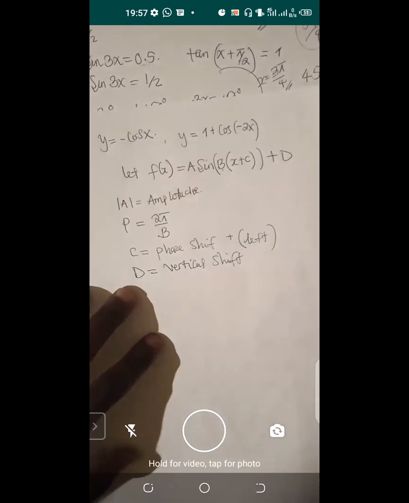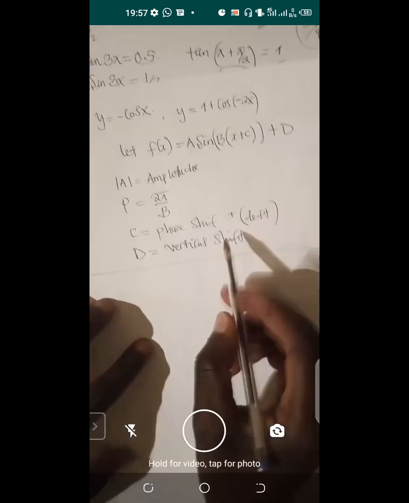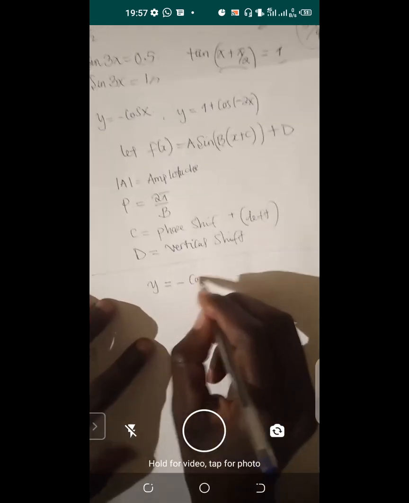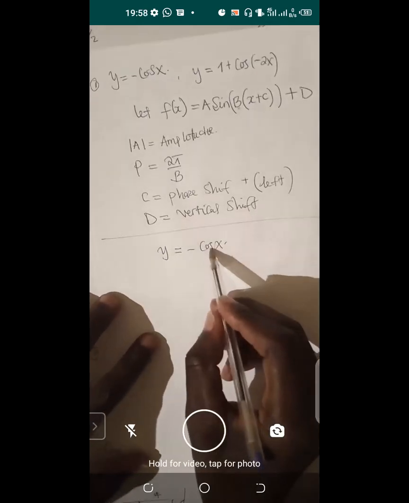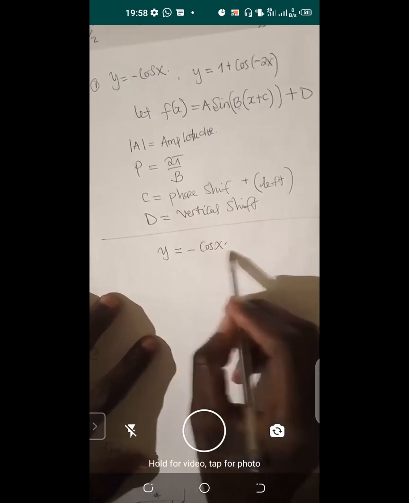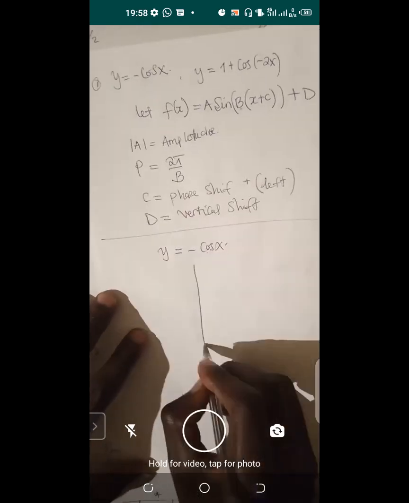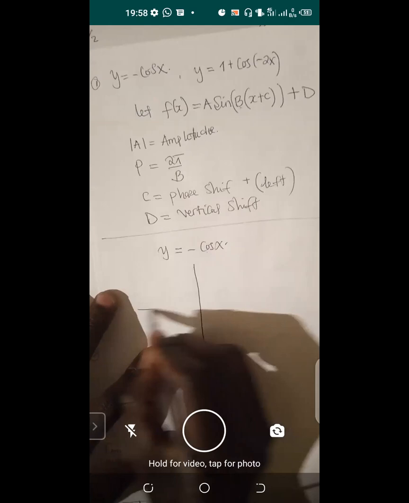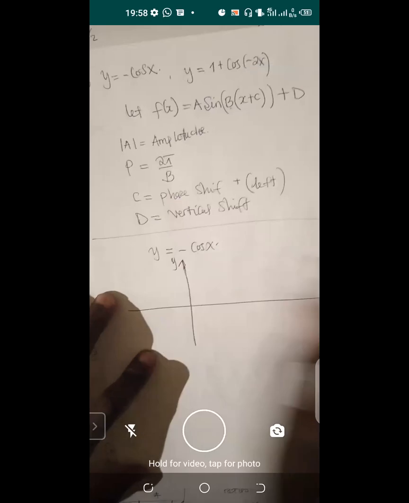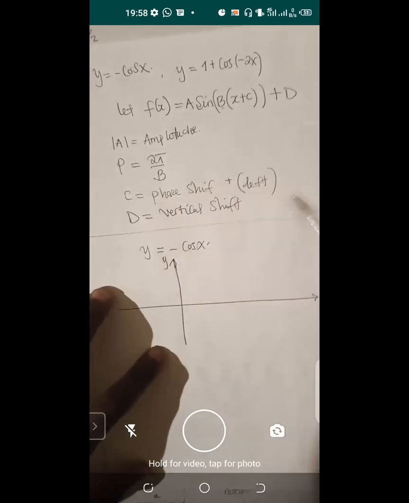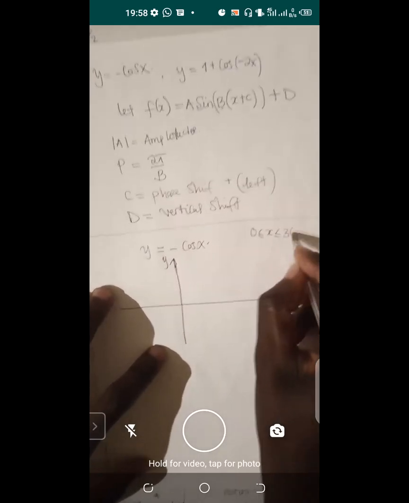So let's look at this one here. y is equal to minus cos x. So guys, here things are very simple. You know the graph of this basic trigonometric function, it's like this. So that is your y, that is your x. But you've been given x in this range, from 0 to 360.